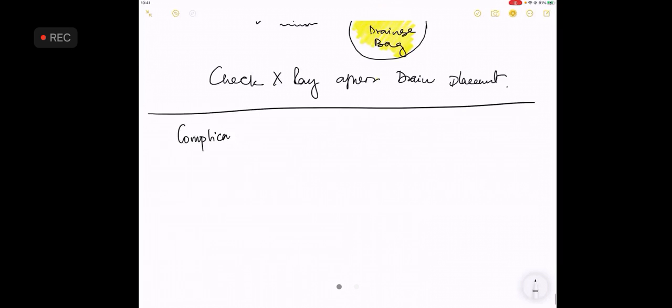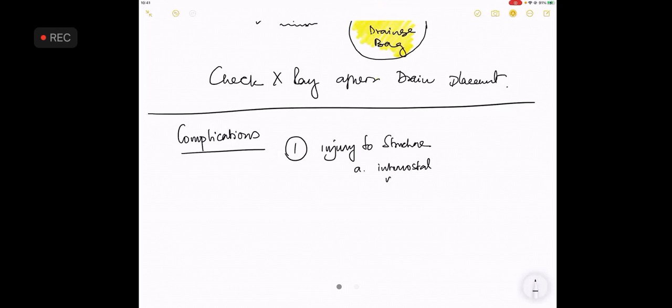What are the complications of an ICD placement? Complication number 1 can be injury to the surrounding structures, which could be intercostal vessels. How to avoid any injury to the intercostal vessels?